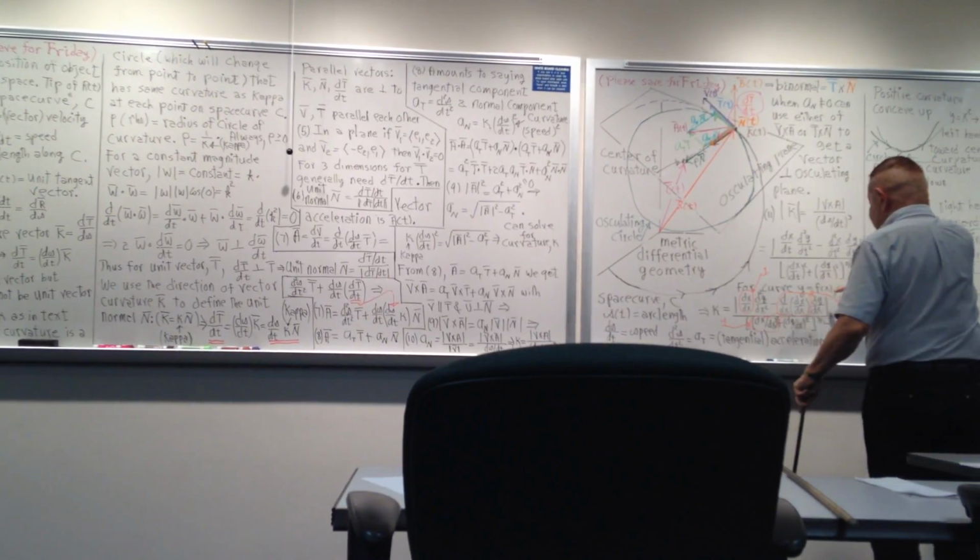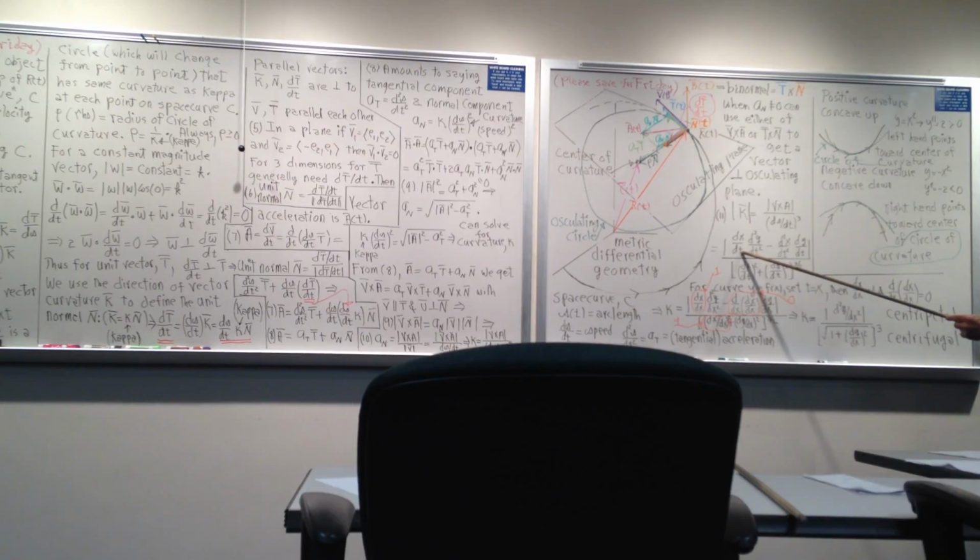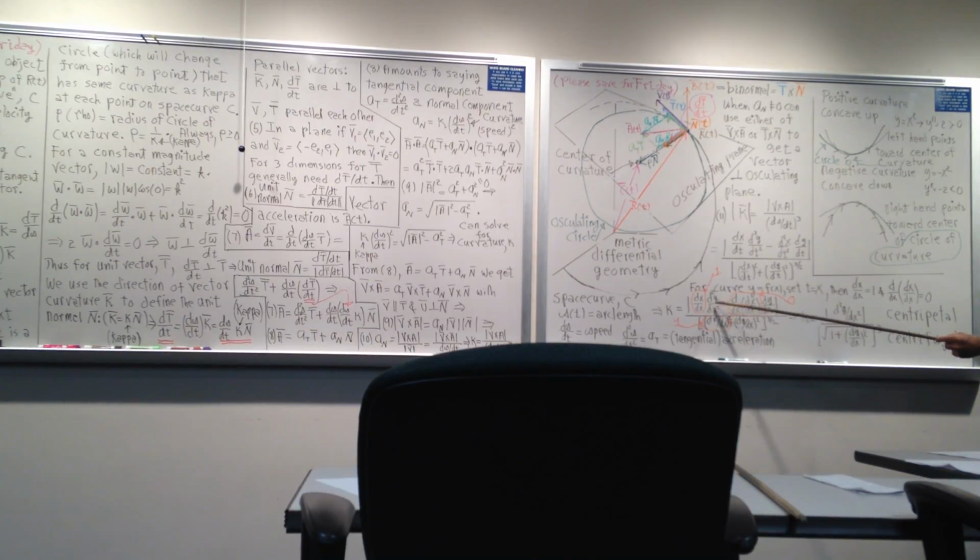So then if your curve is y equals f of x, if your parameter is x instead of t, you can set t equal to x in this. So this becomes dx/dx, which is 1. This would be the second derivative of y with respect to x. This would be the derivative with respect to x of dx/dx.